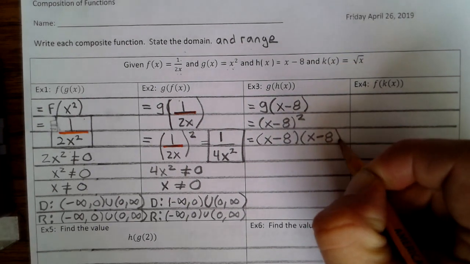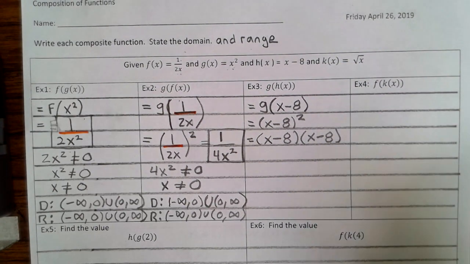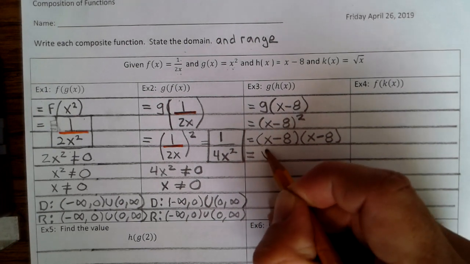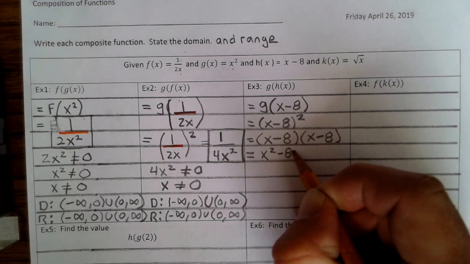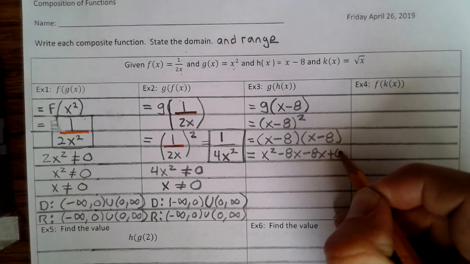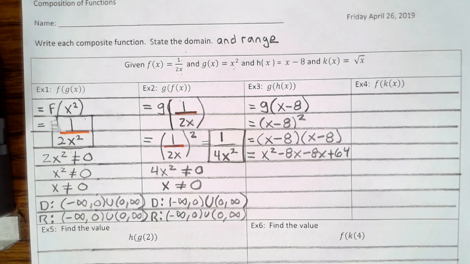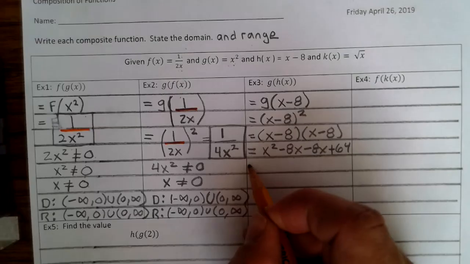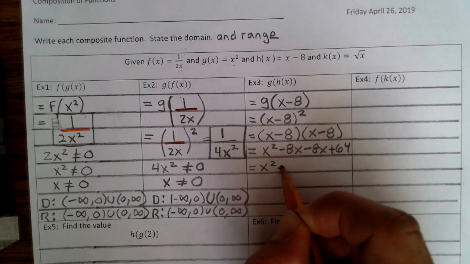So that's x squared minus 8x minus 8x plus 64. Okay, combine the negative 8 and the negative 8. So it's x squared minus 16x plus 64.